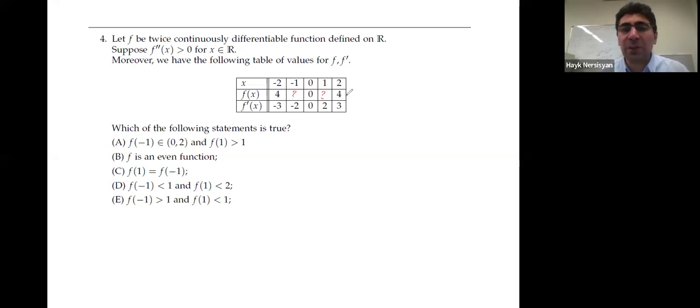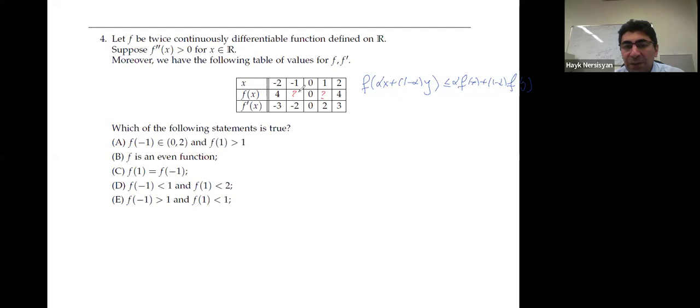So we can think of the definition of concavity, which says that f(alpha x plus 1 minus alpha y) concave up means the value in between is smaller or equal than alpha times f(x) plus 1 minus alpha times f(y).